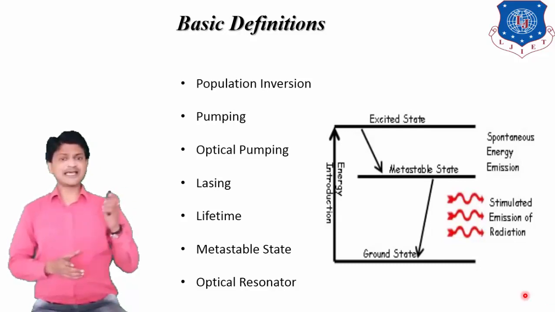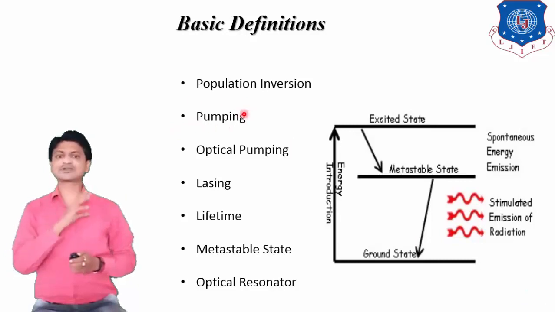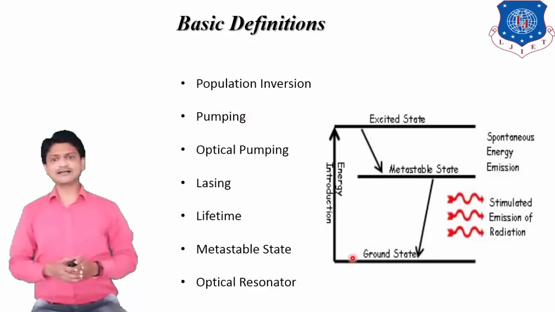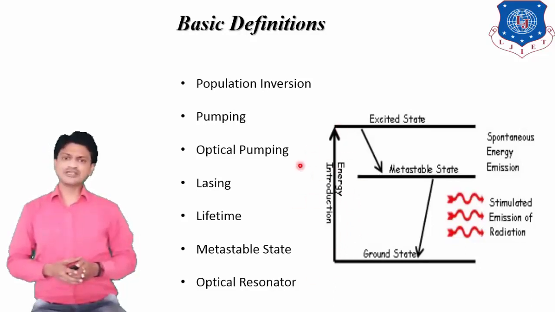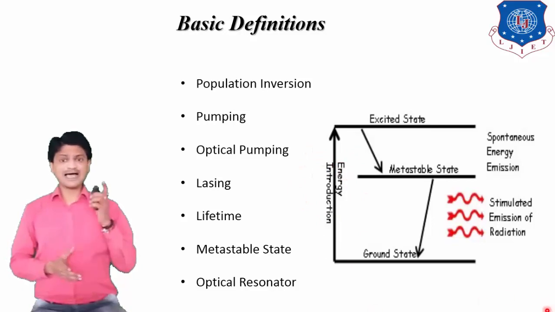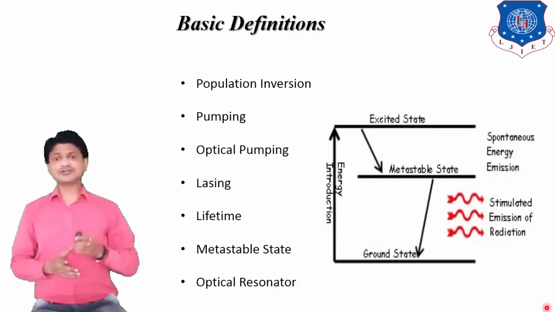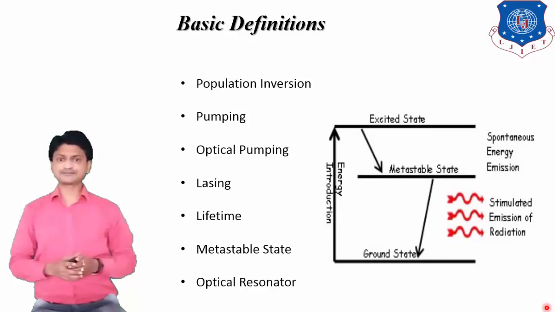Now the next term is pumping. It is the mechanism of exciting atoms from the lower energy state to the high energy state by supplying energy from an external source. So by pumping we can achieve more atoms in the high energy state.